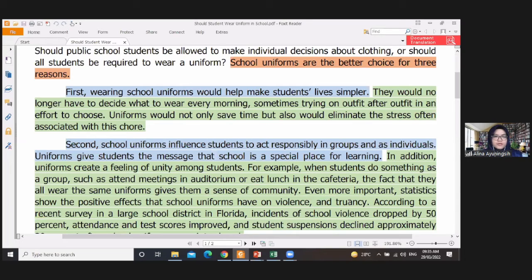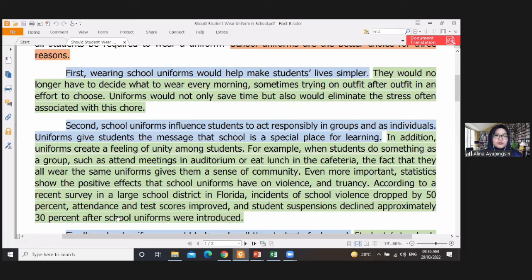According to a recent survey in a large school district in Florida, incidents of school violence dropped by 50%, attendance and test score improved. Student suspension declined approximately 30% after school uniform were introduced. So we can see here that the backing argument that this student uses is asserting fact. She or he asserts this survey result.